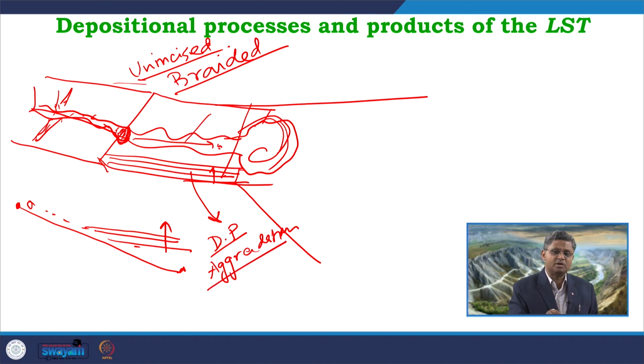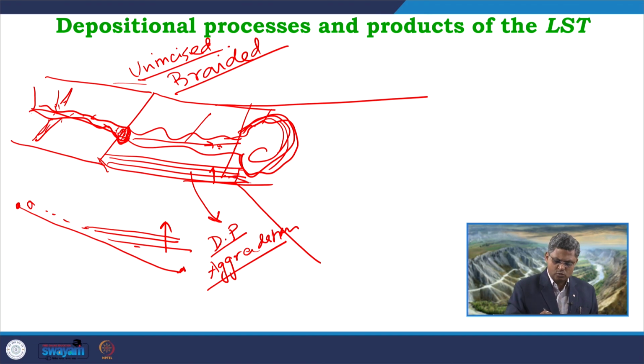What will be the nature of the river? It will be dominantly braided, an unincised braided river system, and it will form part of the delta plain where these channel systems will be supplying the sediments and they will gradually aggrade upward. The sediments which are carried by this river will be dumped at the river mouth area, which will form the delta front. This delta front is getting a high amount of sediment supply.